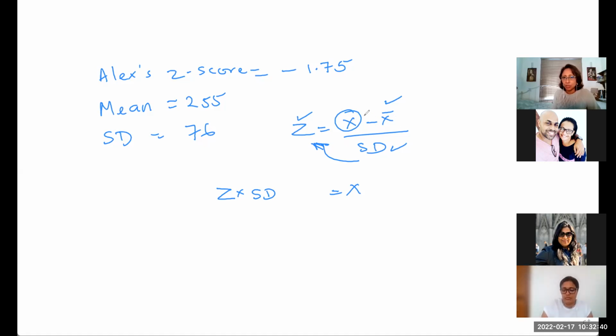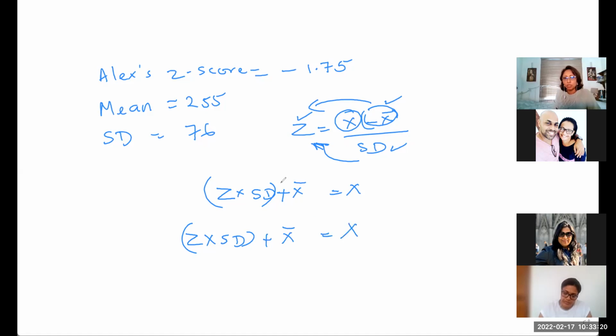The second thing is you are taking this minus X bar to the other side of the equation, so it becomes plus X bar. It's a minus figure on this side; on the other side it becomes a plus figure, right? So I hope this is clear. Z multiplied by SD plus the mean should give us our original score.